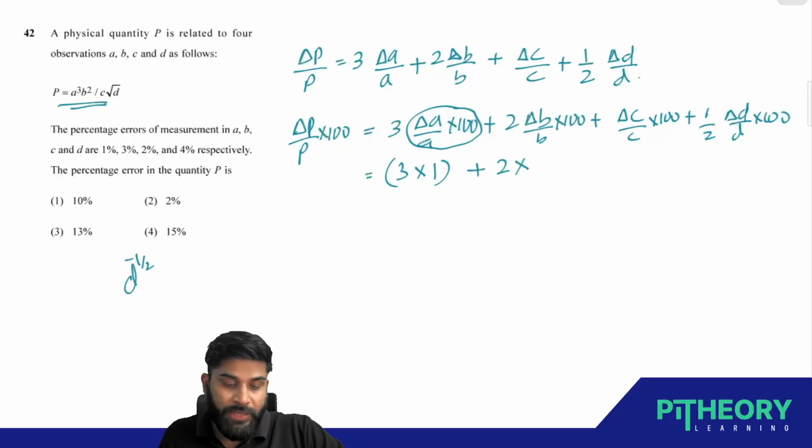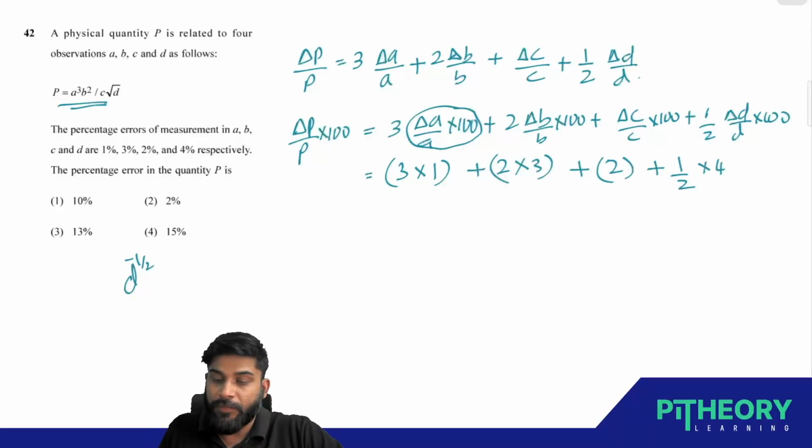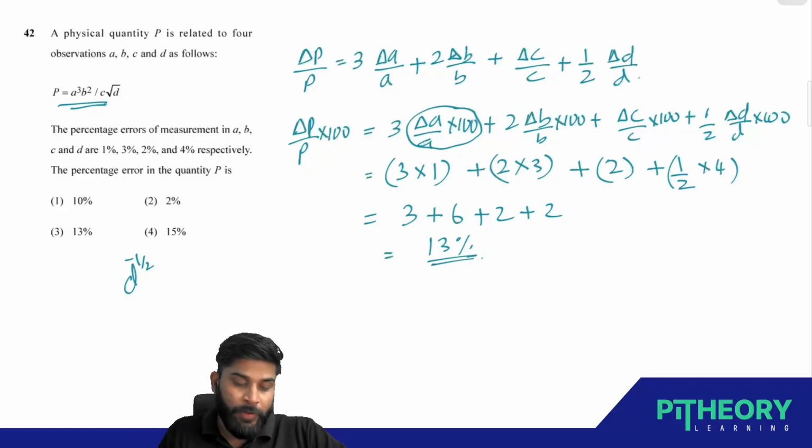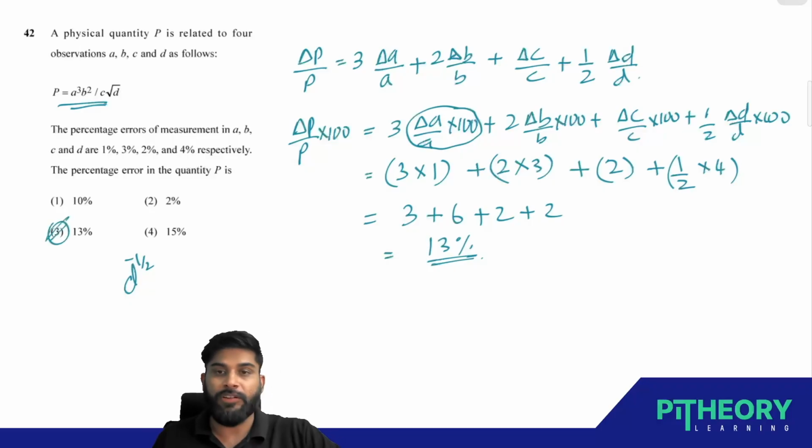In the case of B, it is 3%, right? So plus in the case of C, it is 2%. So 2, correct, directly, plus half into, in the case of D, it is 4%. So into 4 will come. So how much does it have? 3 plus 6 plus 2 plus 2. 4 by 2 is 2. So how much is this? 6 plus 2, 8 plus 2, 10 plus 3, 13% will be the percentage error in P. Option number 3 will be the correct option here.